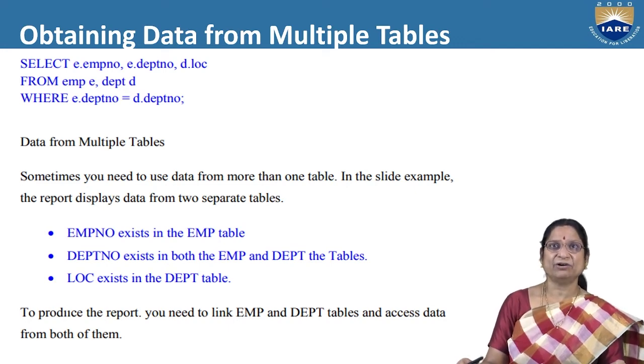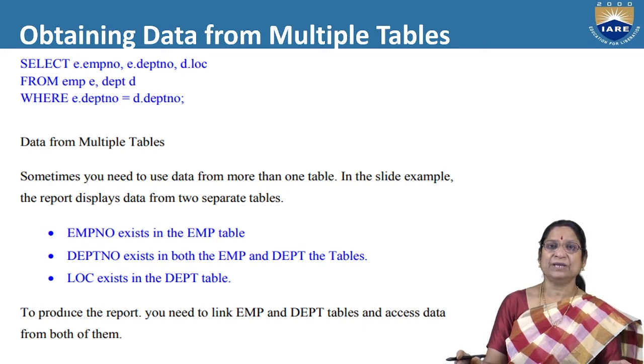So select E dot EMP number, E dot department number, D dot location. What are these E and D? Instead of writing the entire table name, we are using alias names. You observe in the FROM clause, already we discussed alias names in the select clause. Here we are discussing how we give renaming.